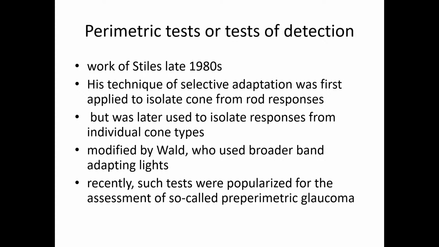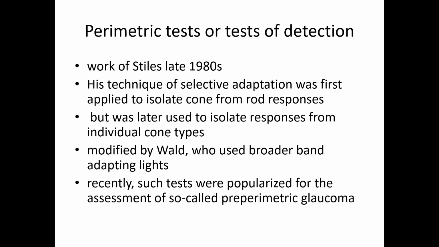Pre-perimetric tests, or tests of detection. These are the works of Stiles in the late 1980s. In this technique, selective adaptation was first applied to isolate cone from rod response. So this was a test to isolate cone response and rod response individually, but later it was used to isolate responses from individual kinds of cones. It was modified by Wald, who used broader band adaptive lights.